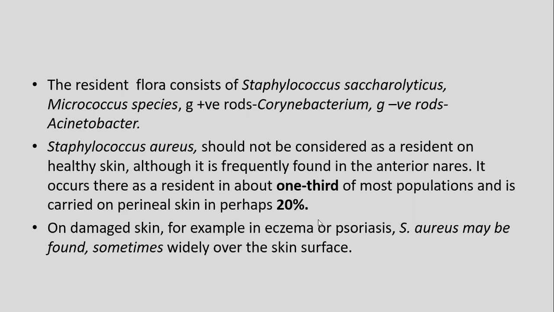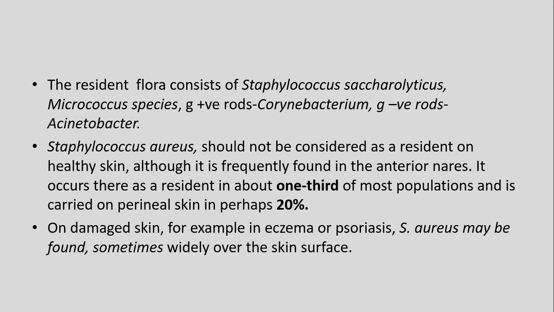The resident flora consists of Staphylococcus saccharolyticus, Micrococcus species, gram-positive rods like Corynebacterium, and gram-negative rod like Acinetobacter. Staphylococcus aureus should not be considered as a resident on healthy skin, although it is frequently found in the interior nares. It occurs there as a resident in about one-third of the population and is carried on the perineal skin in perhaps 20% of the population.